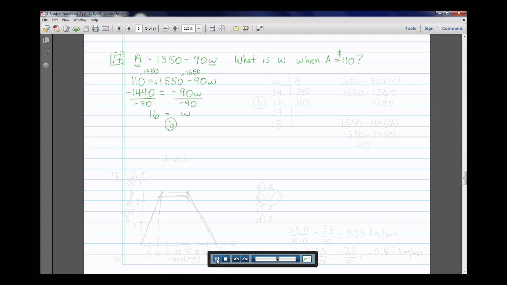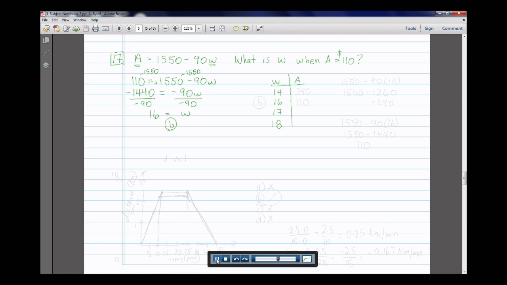Now, if you wanted to do it another way, using guess and check, because it is a multiple choice, you could plug W in and see which of those answers is going to give you A equal to 110. I'll just make a table of values, and they gave you 14, 16, 17, and 18, and we can plug it in.